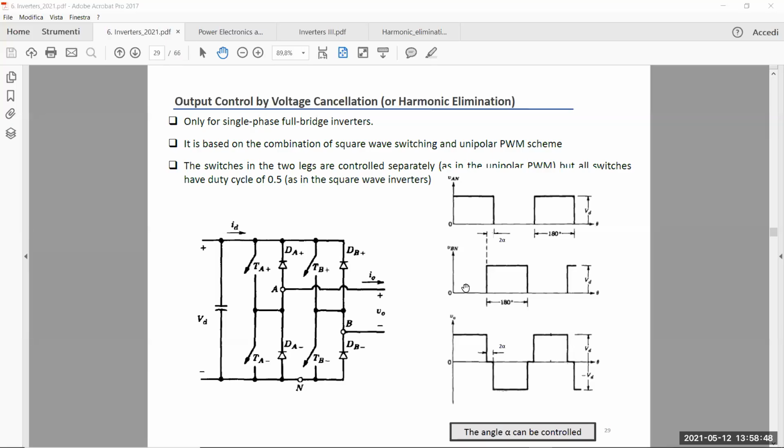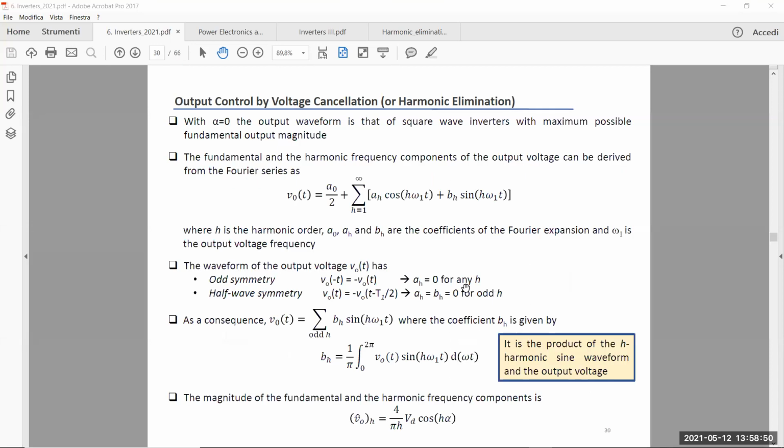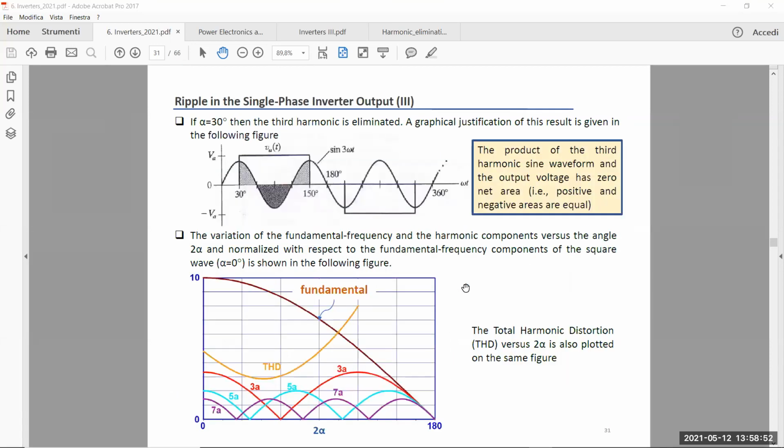Let me just show you what I put on the slide, because there are some drawings that I can comment on. Here, for example, you can see a plot in the lower side of the page that shows you the total harmonic distortion.